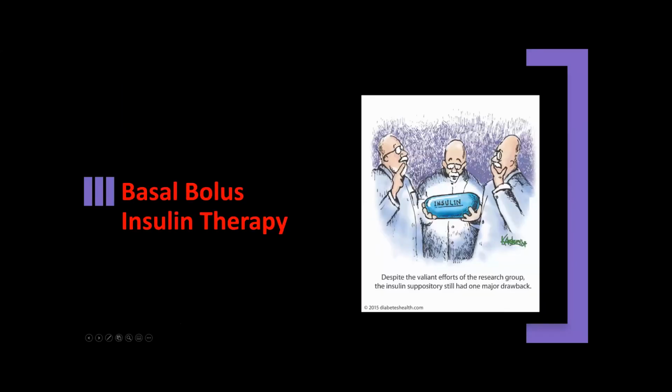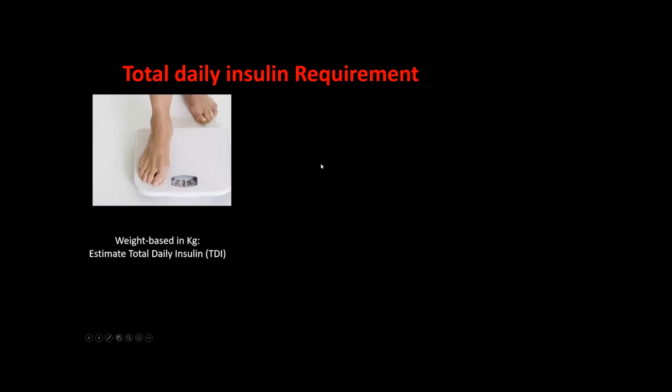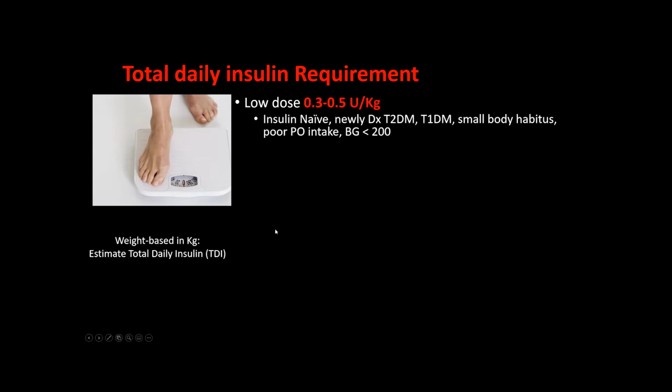Now I will tell you about what a basal bolus insulin is. Basal insulin is the long-acting insulin, and bolus insulin is the short-acting insulin. So how do we calculate the daily insulin requirement? If you don't know how much they are taking, you might want to start with a weight-based estimate, the total daily insulin dosage.